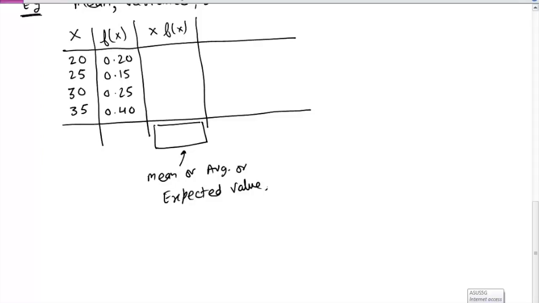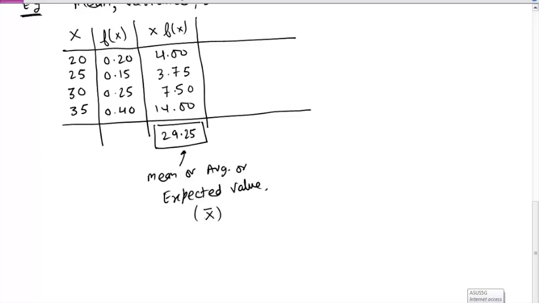So mean, average or expected value are all names for the same thing, and you can get it by multiplying those two columns and adding them. For example, if you multiply 20 times 0.2, you get 4, 25 times 0.15, and so on, and once you add this you get 29.25, which is the average.